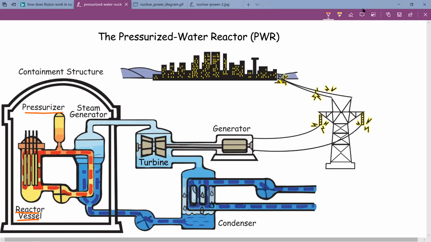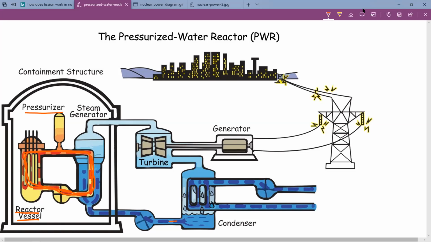And basically, this is a pump, and this pump just keeps circulating water through. It heats up and it circulates through, and it heats up and it circulates through. So notice that the water that is actually in contact with the control rods is staying in this closed loop. Now, what we're seeing in blue here is more water.